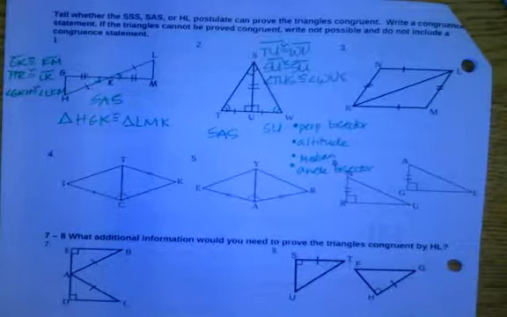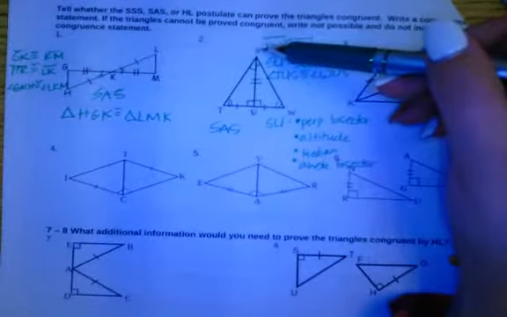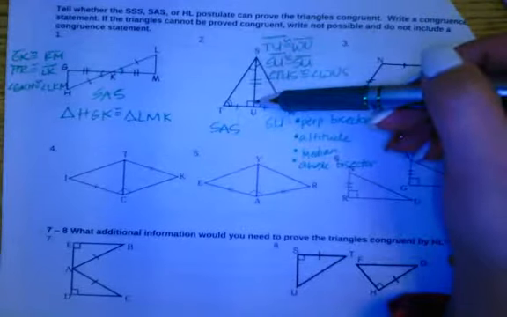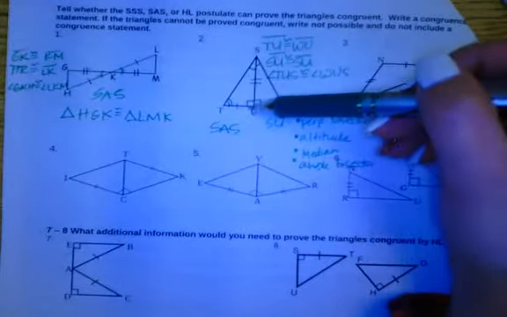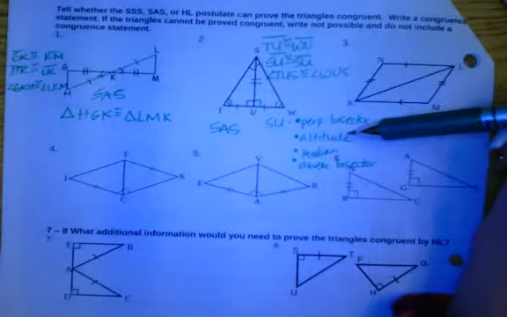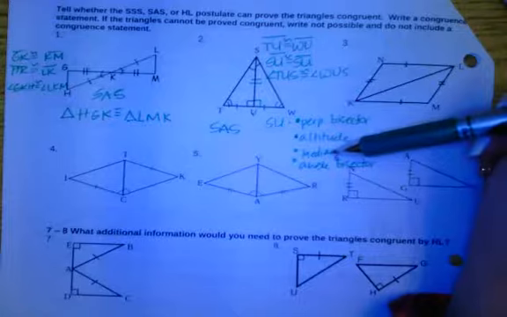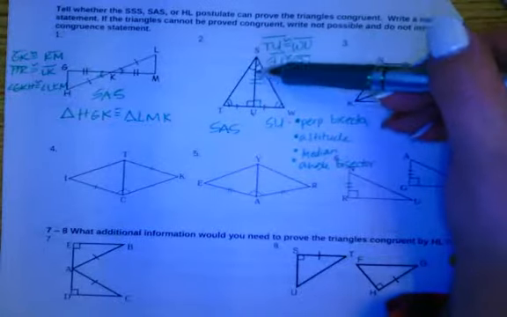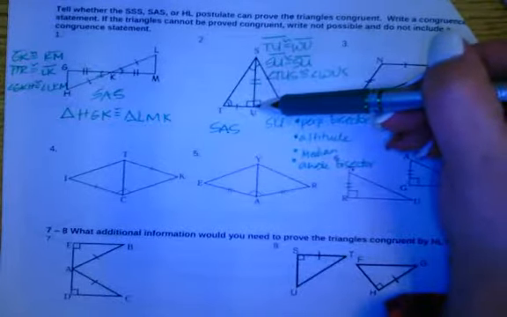Okay, so again, SU in this case represents a perpendicular bisector because it forms a right angle and it splits WT. It represents an altitude because it is the height of the triangle. It represents a median because it goes from opposite vertex to midpoint of the opposite sides. And it is an angle bisector because we know that the two triangles are congruent.